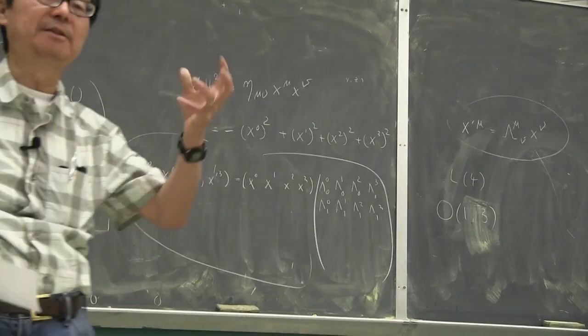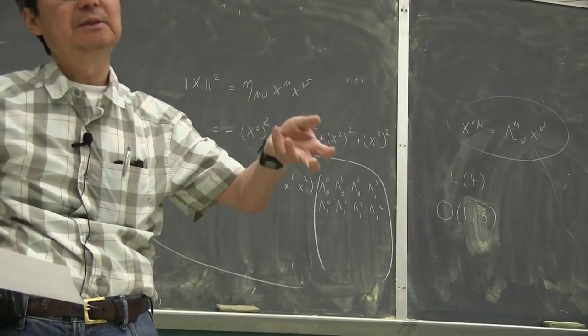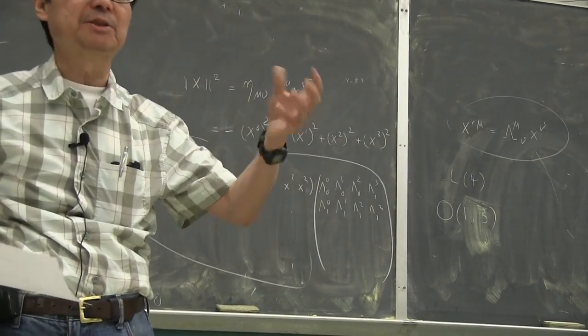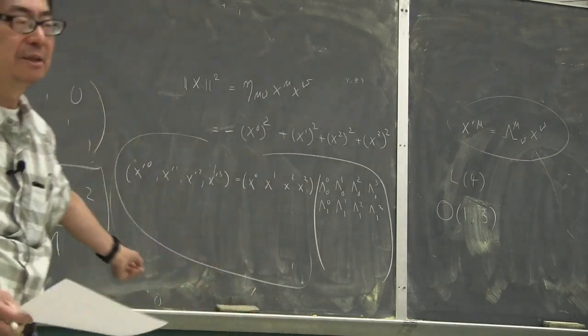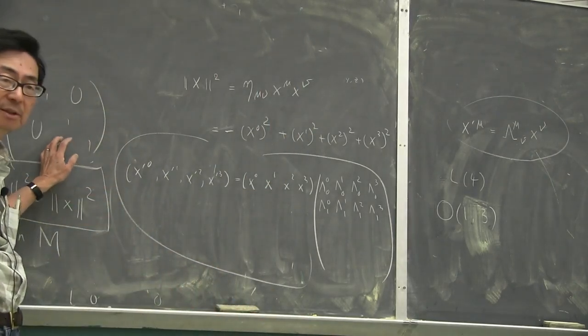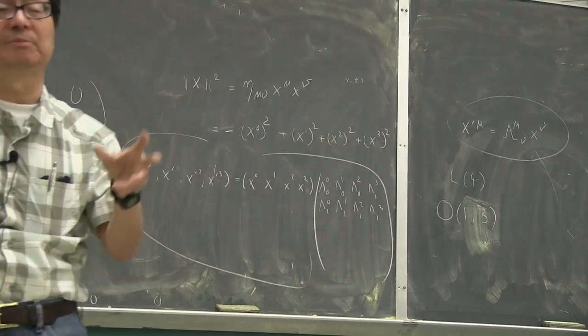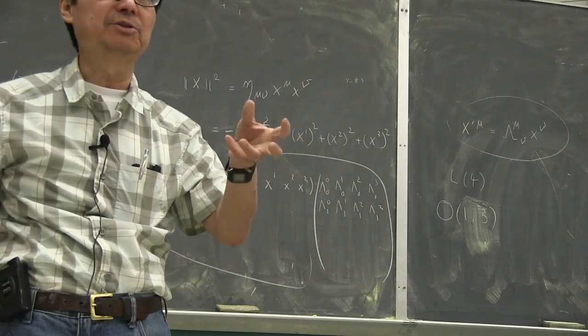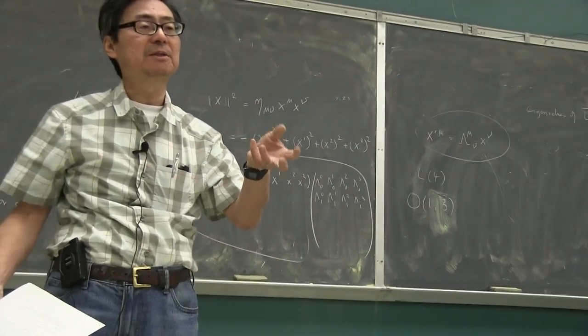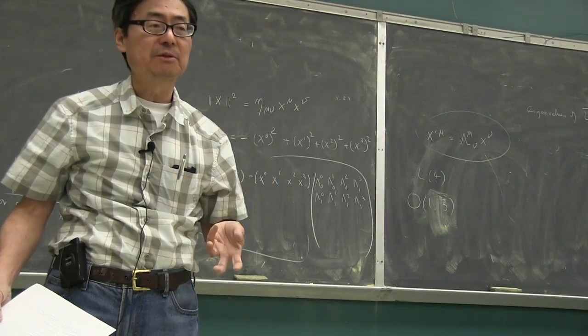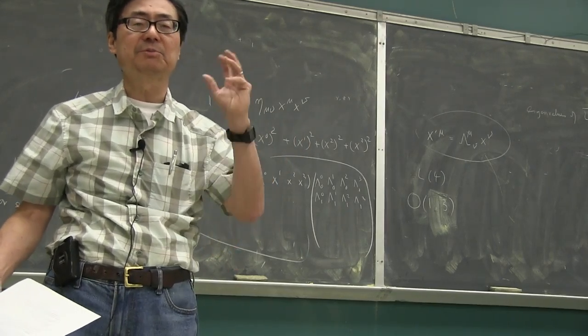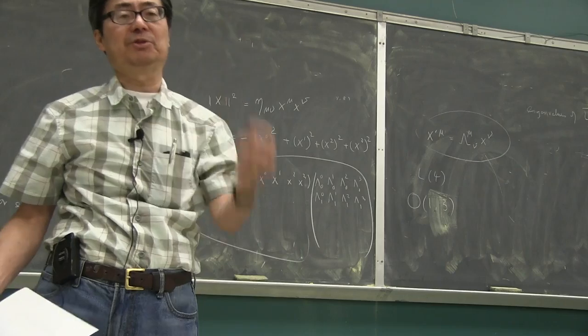So in a sense, it is a rotation in 4-dimensional space, which has a really funny geometry specified by this metric in here, which is very different from ordinary rotations in 3-dimensional space having a Euclidean metric. This is rotations in 4-dimensional space having a Minkowski metric.